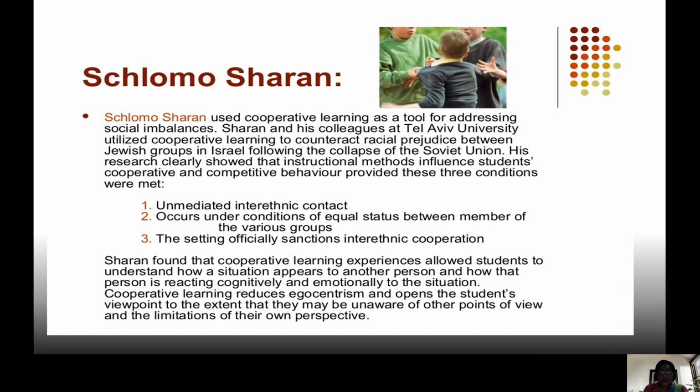Cooperative learning reduces egocentrism and opens students' viewpoints so that they may be aware of the points of view and limitations of their own perspective. Basically, it helps individuals to be open-minded to the different situations of other individuals.